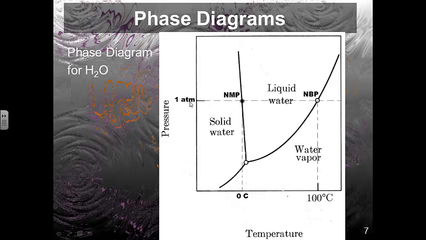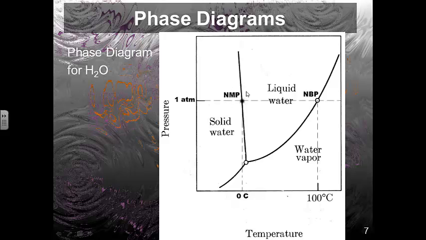That's the combination of pressure and temperature where those phase changes occur when your pressure is standard. If you had a different pressure, maybe right here, those phase changes would occur at different temperatures. And we'll talk more about that in the next lecture on vapor pressure.